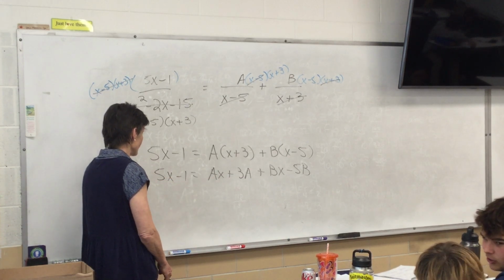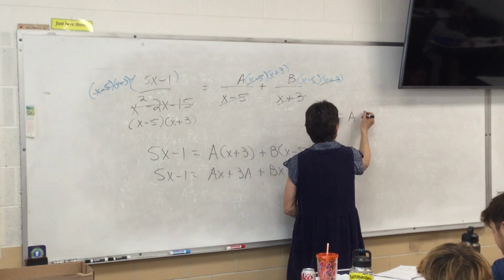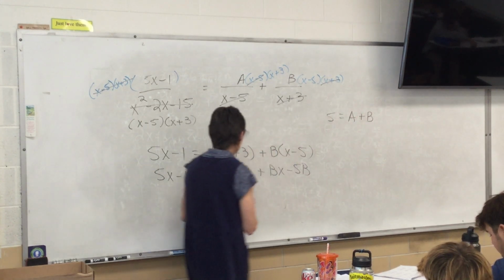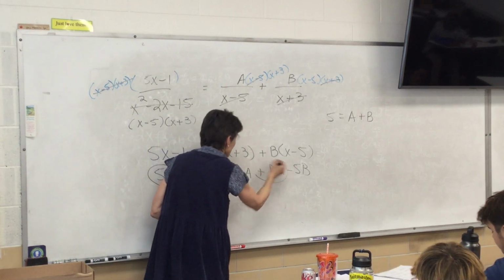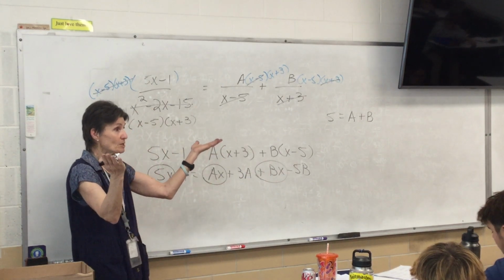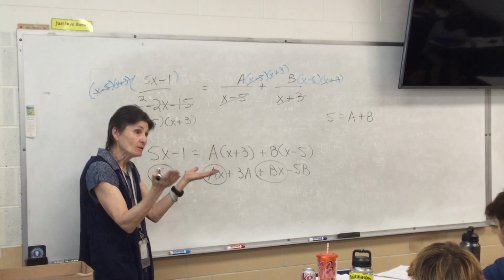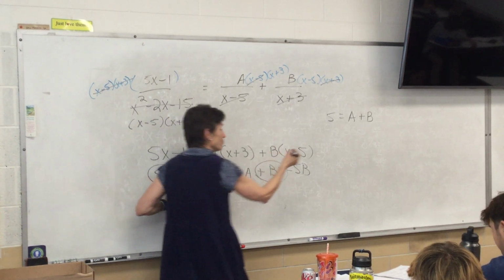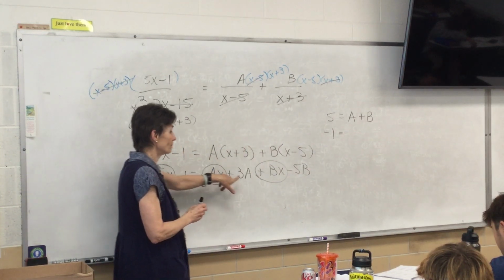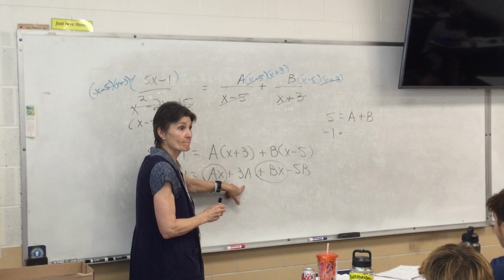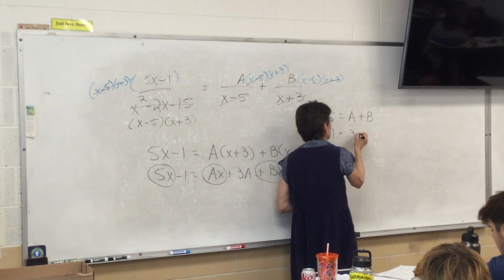So in other words, 5 has to be a plus b, because this term has to equal these two added together. It's an equation. Similarly, what does -1 have to equal? -1 has to equal 3a minus 5b.